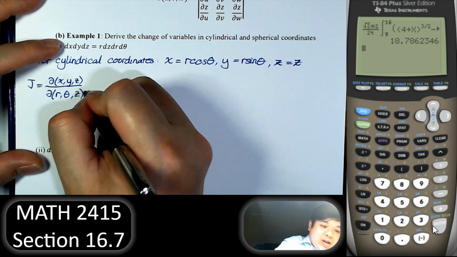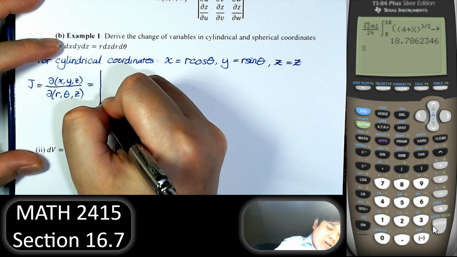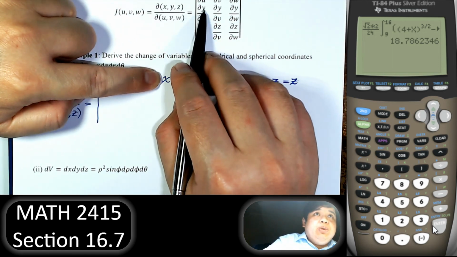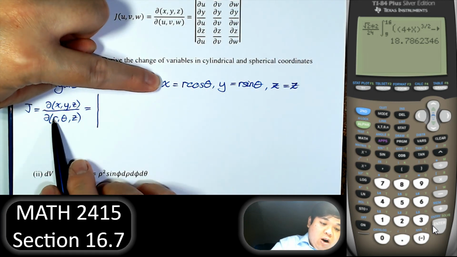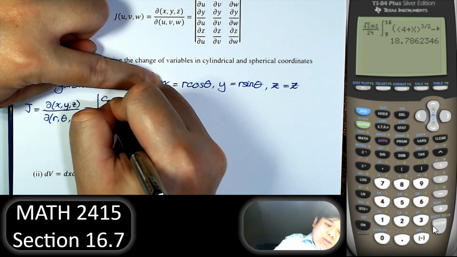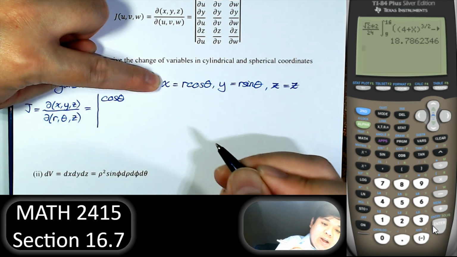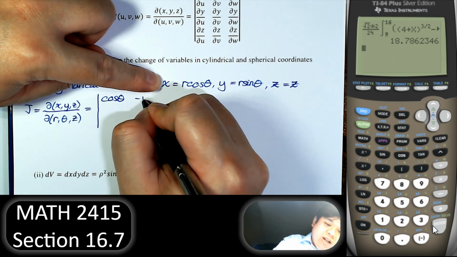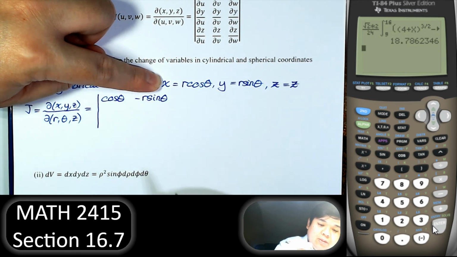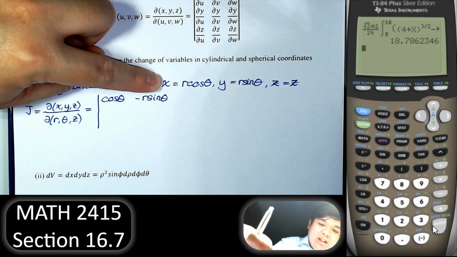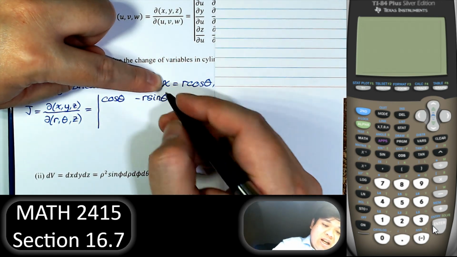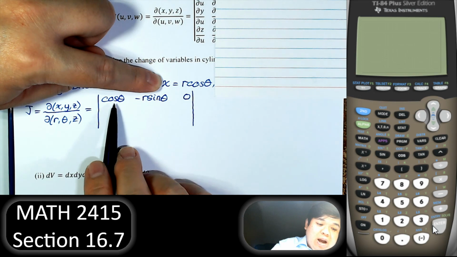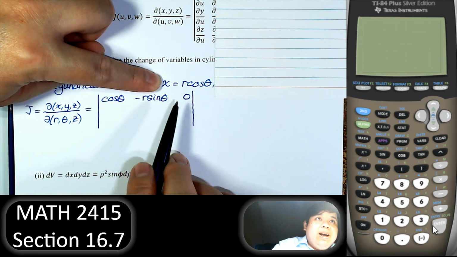Even though we have the same z, that's perfectly fine there. So, derivative of x with respect to r, theta, and z. With respect to r, we have cosine theta. With respect to theta, we have negative sine, which gives us negative r sine theta. With respect to z, there's no z there, derivative would be 0.